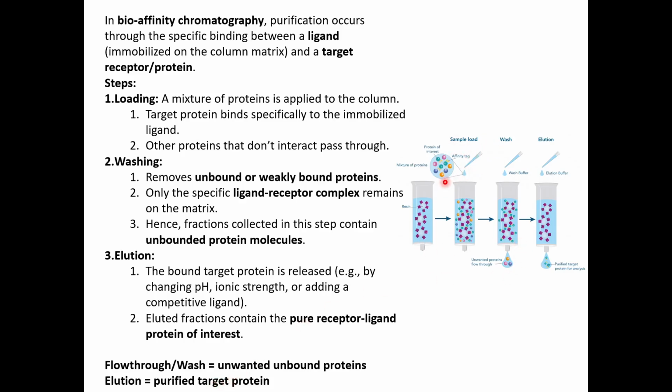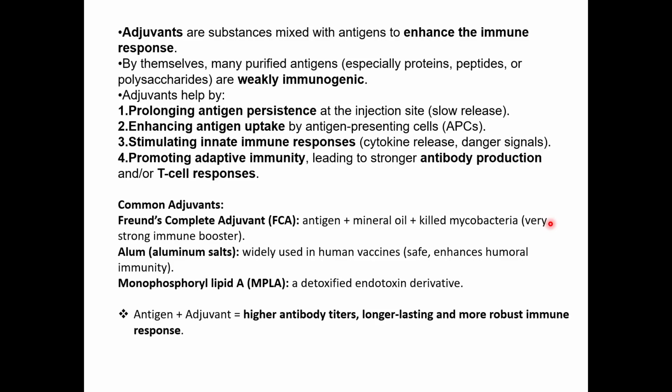You can see here mixture, and then when you load your sample, then you have your binding of your specific ligand protein, and whatever is unbound goes in the flow through and in the wash. Then during elution, you have purified protein which was bound to your ligand specifically.